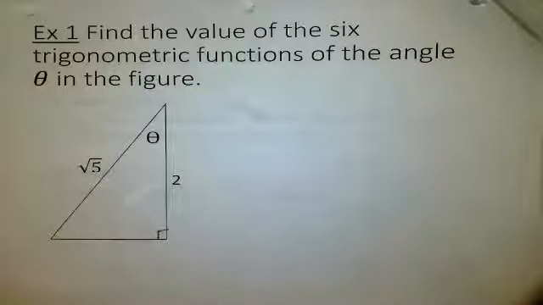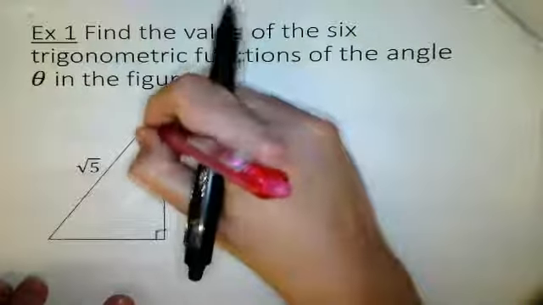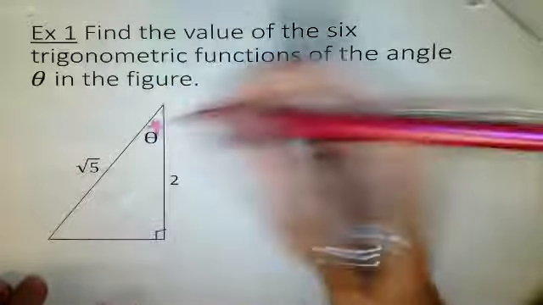Angle theta is up high. That's going to change things around, so you have to be careful. That angle is the most important thing. I'm going to put a big star by that angle because we're looking from way up here.